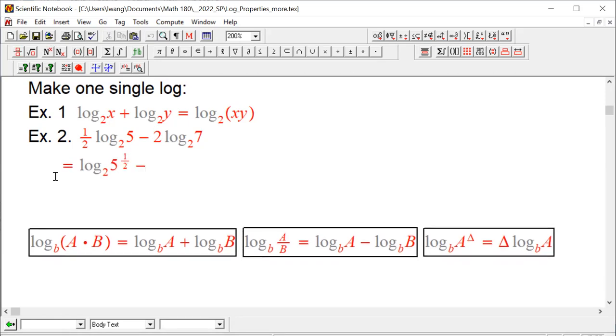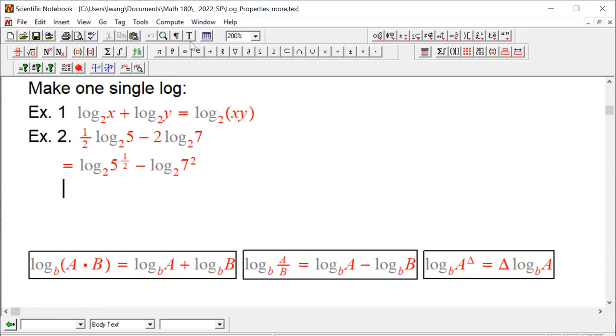And the next one, 2 times log base 2 of 7. You can take a negative 2 if you want, but here I'm just going to take 2. The 2 is in front; when we bring it into the logarithm, it becomes the power. So log base 2 of 7 to the power 2.